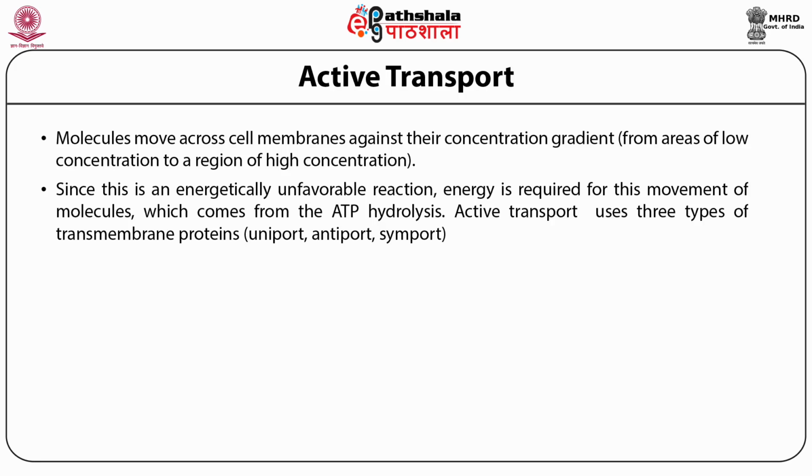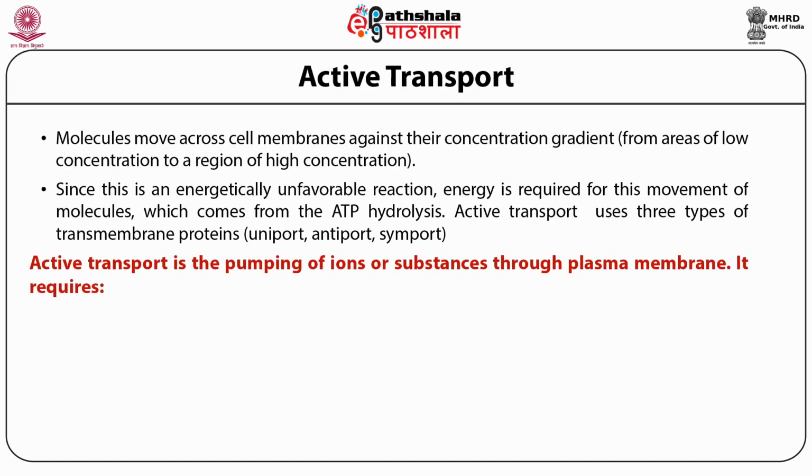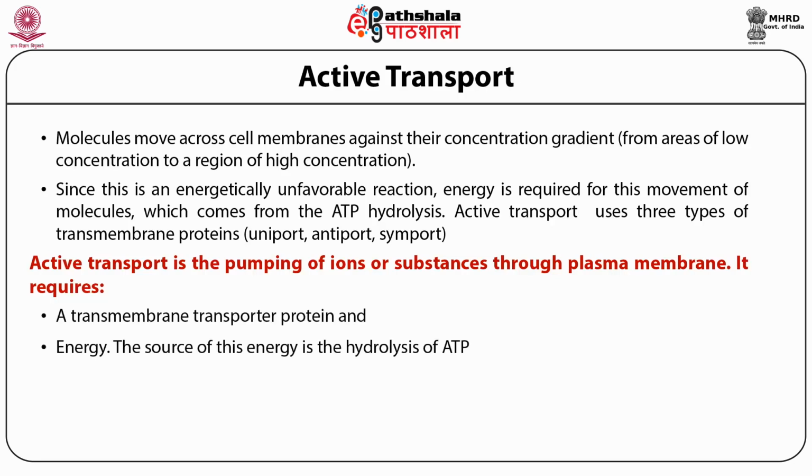Active transport uses three types of transmembrane proteins, namely uniport, antiport, and symport. Active transport is the pumping of ions or substances through the plasma membrane, and it requires a transmembrane transporter protein and energy. The energy source is the hydrolysis of ATP.